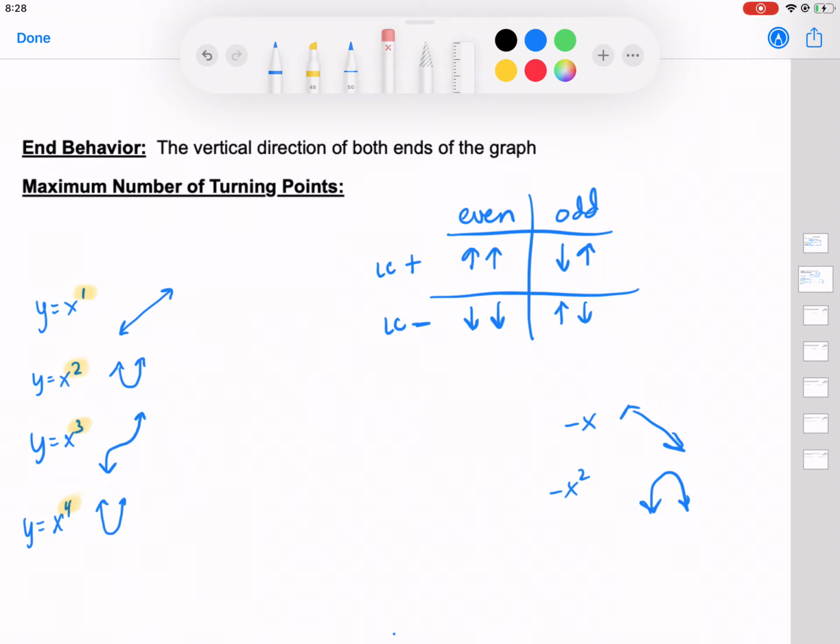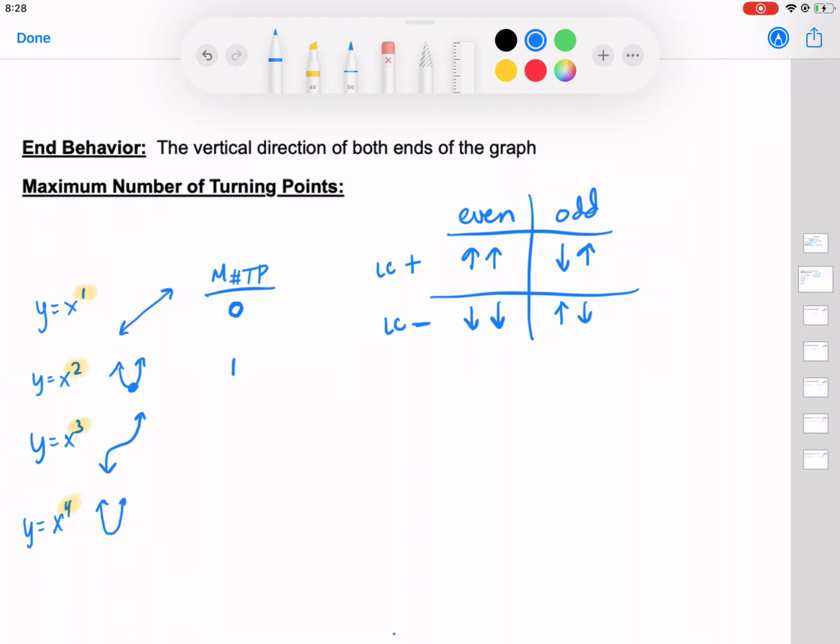One last thing you've got to know is there is something called a maximum number of turning points. That just means how many times it's switching from increasing to decreasing, and so on. If it's just a line, there's not one. It's always increasing or always decreasing. Quadratics will always look like parabolas, so there's always 1 point, the minimum.